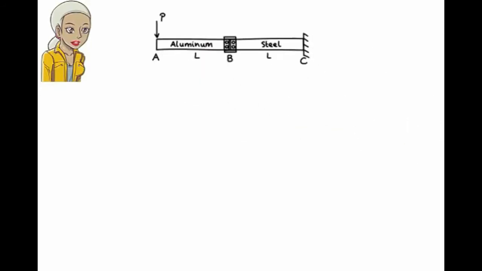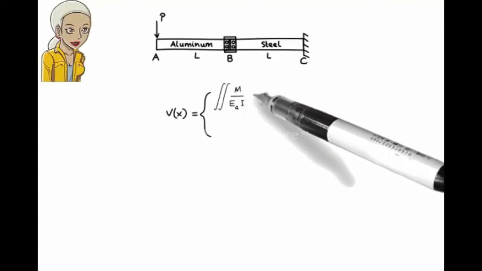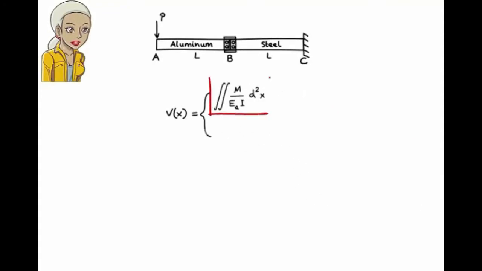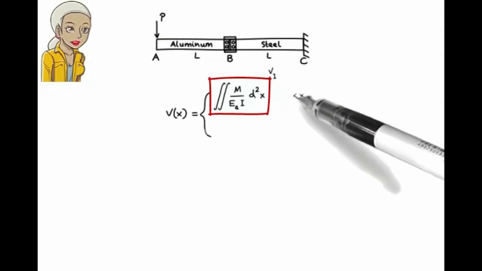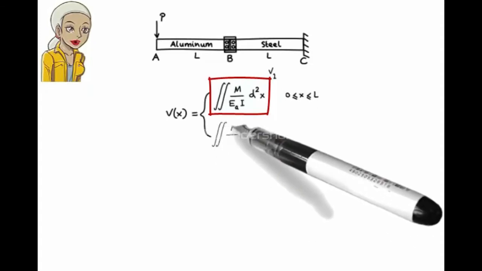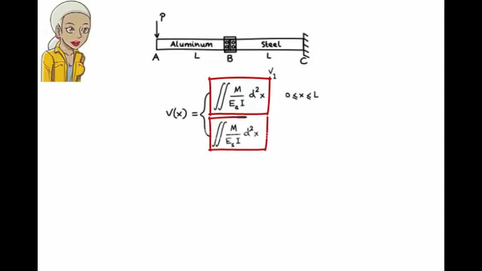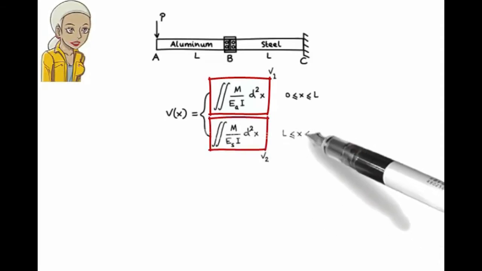The deflection equation for the aluminum segment is given by the double integral of M over E sub A times I. Let's refer to this equation as V1. V1 is valid for x between 0 and L. The deflection equation for the steel segment is given by the double integral of M over E sub S times I. We refer to this equation as V2, which is valid for x between L and 2L.